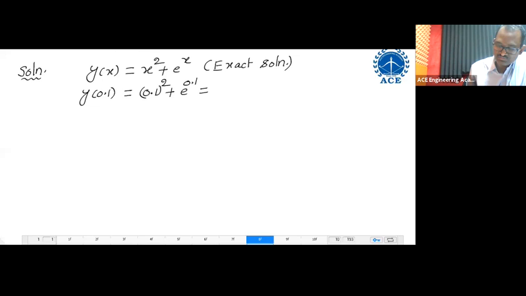What is the answer? You people are saying 1.115. Good. Better to write up to 4-5 decimal places. Tell me your answer up to 4-5 decimal places, not only 1.115. It is 1.11517.